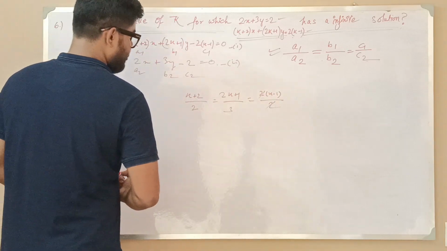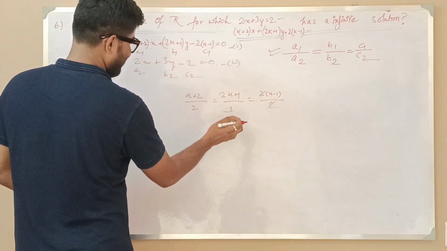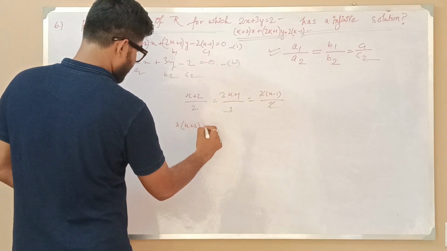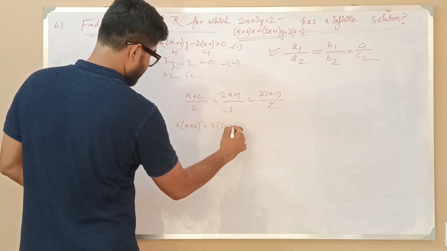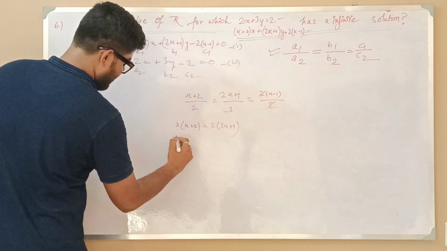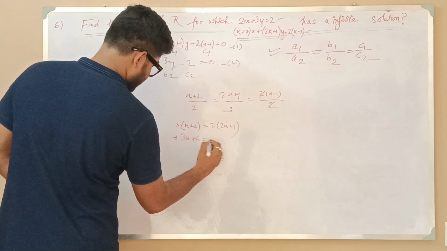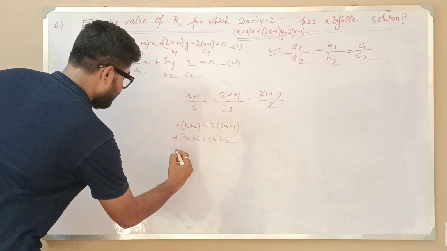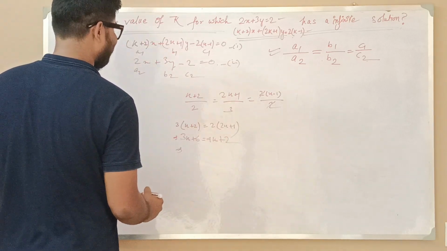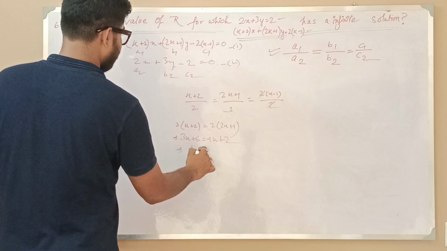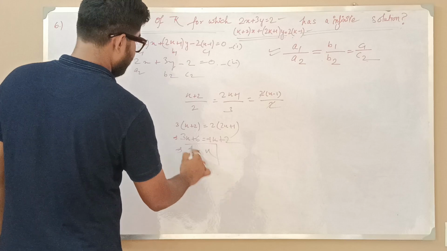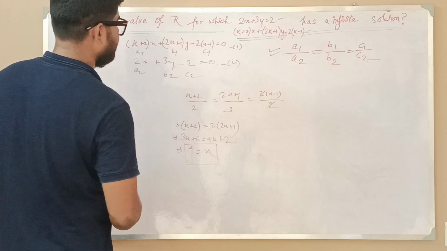Okay, so from this part we can just write 3 into k plus 2 equals 2 into 2k plus 1. Okay, so now 3k plus 6 equals to 4k plus 2. So 4 equals to k, so the value of k will be 4.